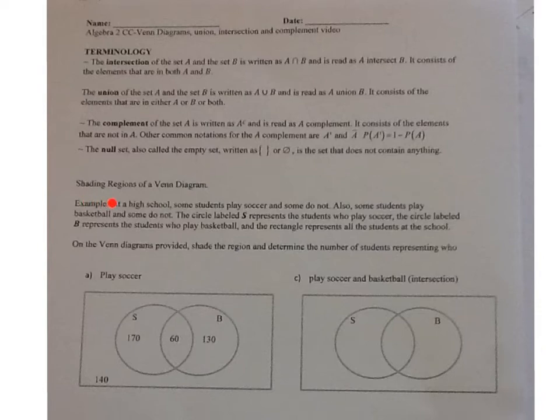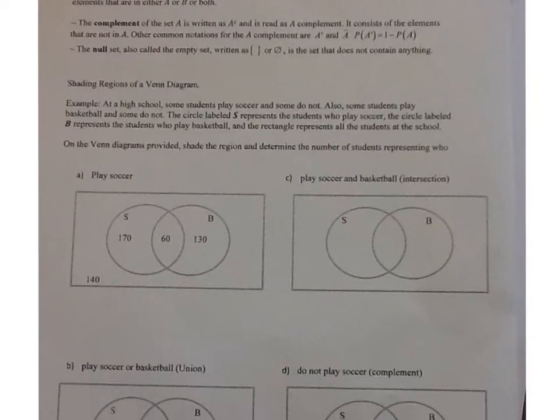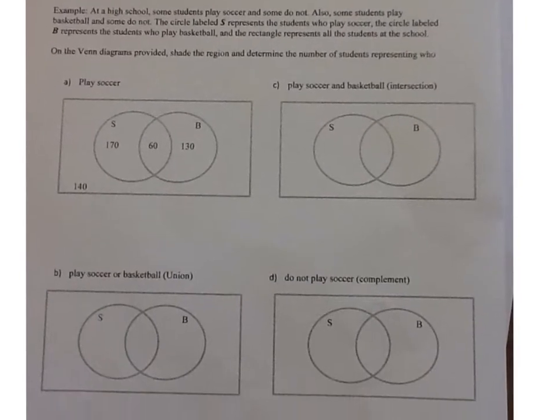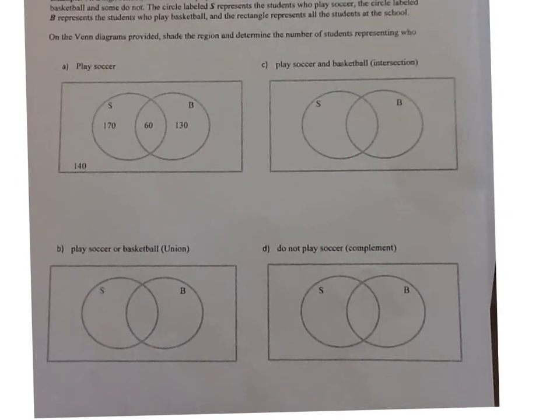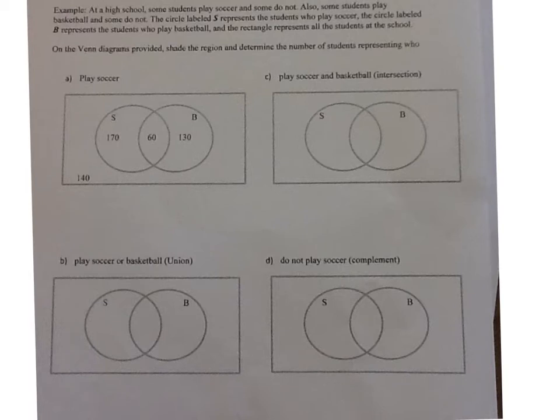All right, shading regions of a Venn diagram. We have this example here. At a high school, some students play soccer. Some do not. Also, some students play basketball and some do not.